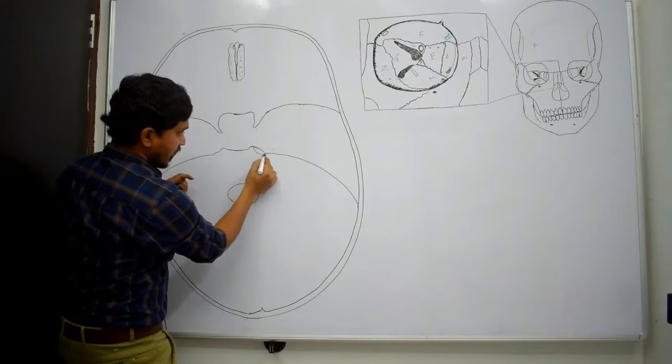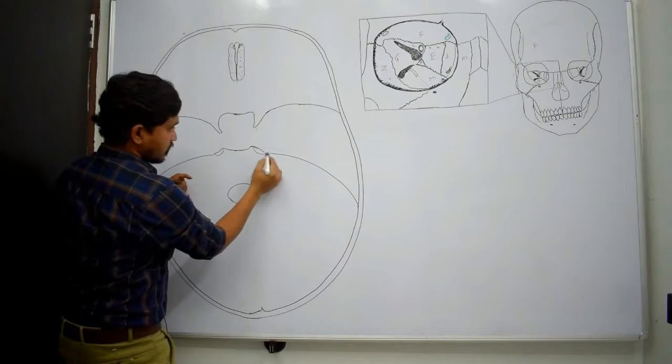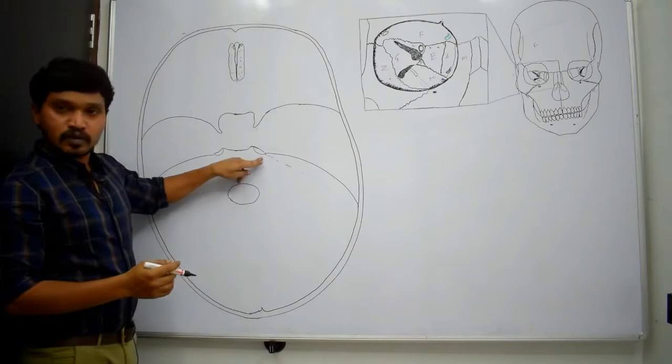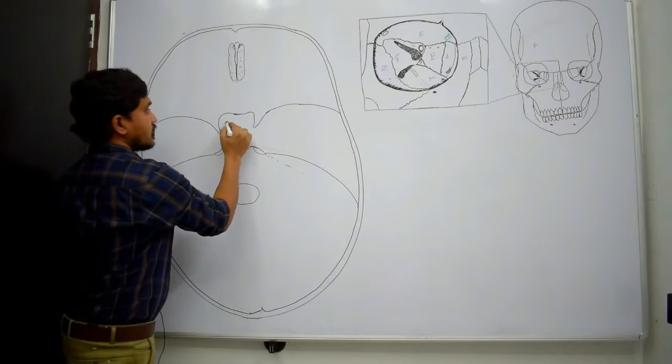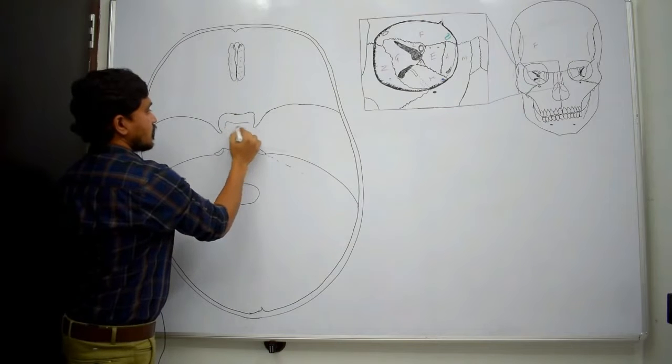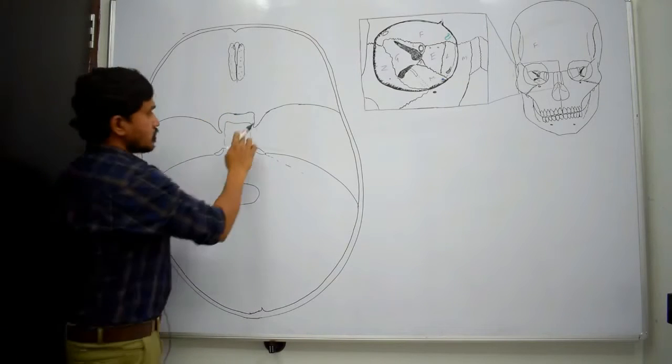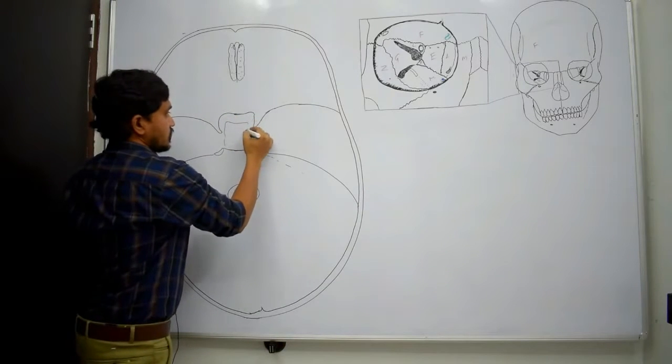Of course here foramen lacerum will be present, right? And this is the petrous part of temporal bone. Clear? And here you can see the pituitary fossa. Right? Actually this is the body of sphenoid. So here the pituitary fossa will be present.